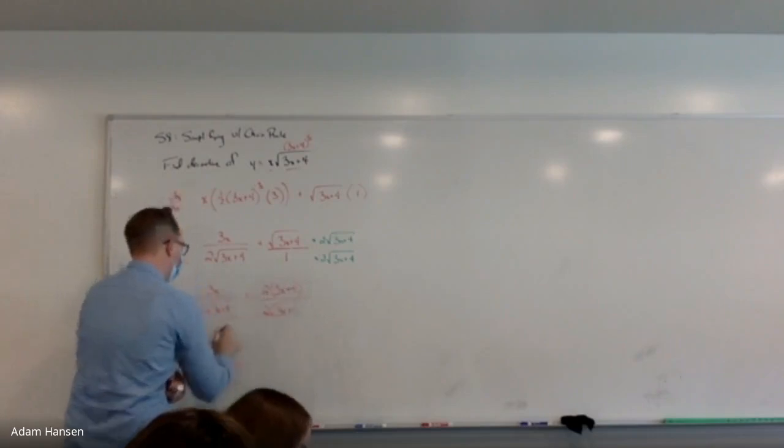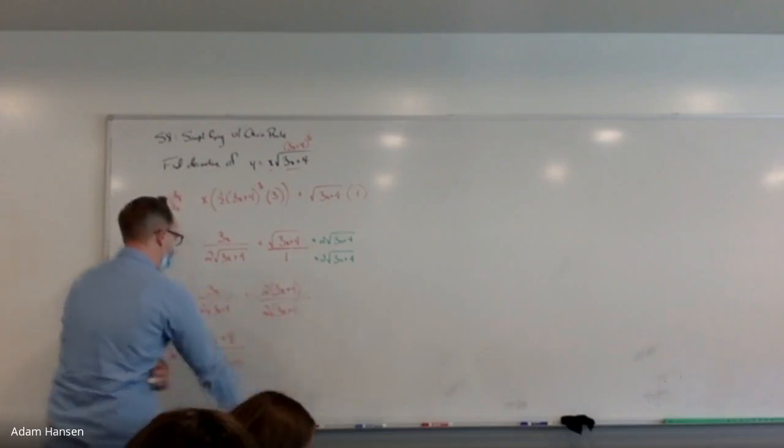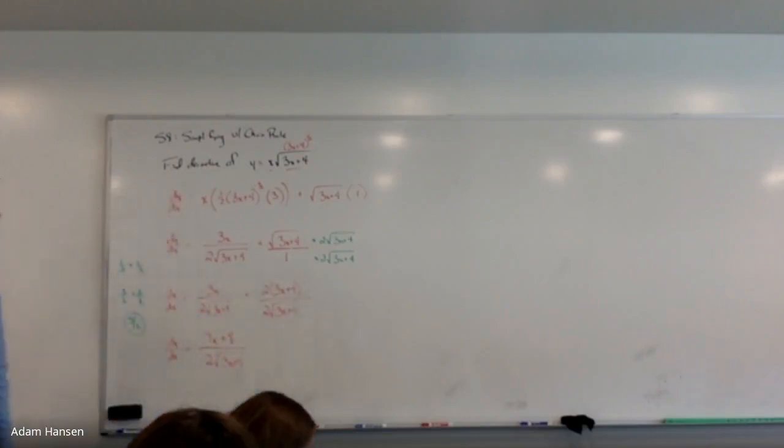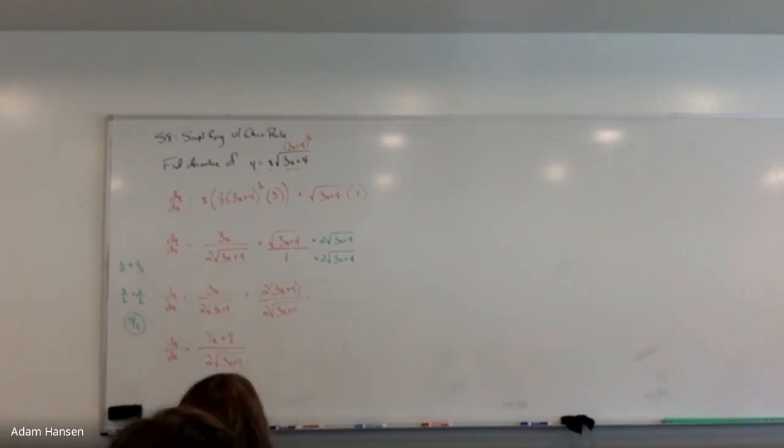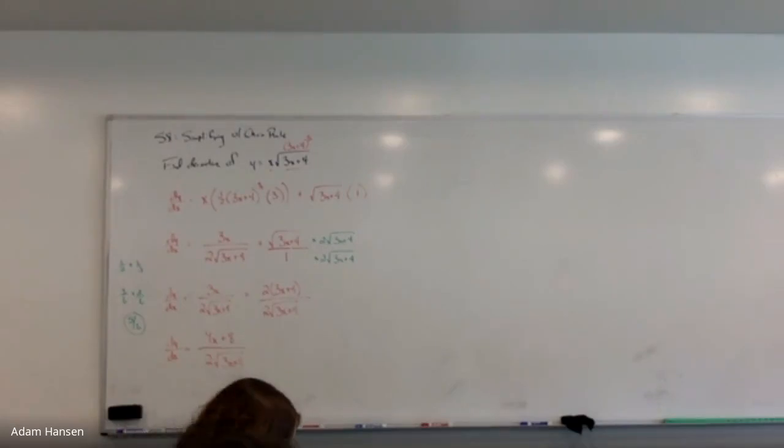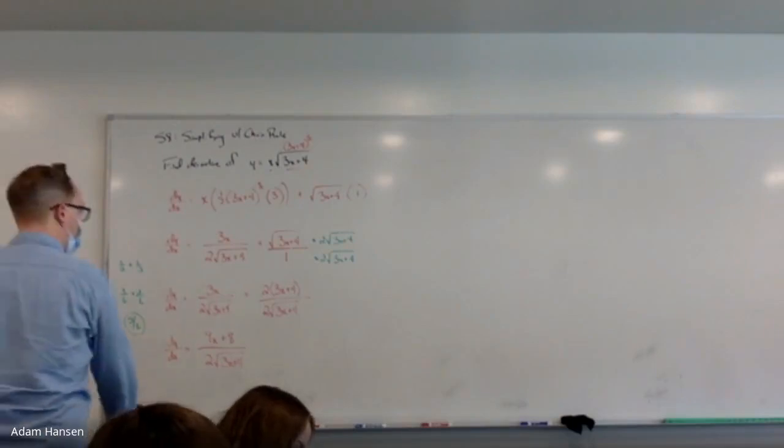Two times 4 is 8. There should be final words. Some good review on product rule, as well as how to add rational expressions together. Find common denominators and add all of those up. 9x plus 8 divided by 2 radical 3x plus 4.